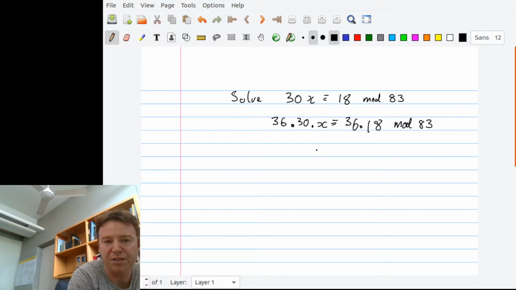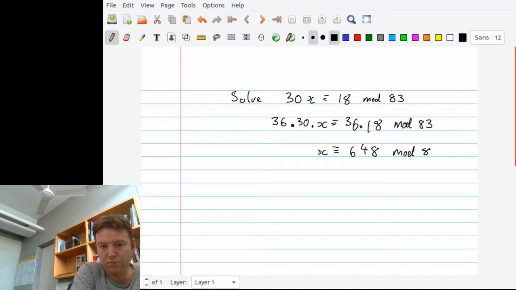So that's just going to be equal to x on the left hand side, and 36 times 18 on the right. 36 times 18 is equal to 648. It's equal to 648 mod 83.